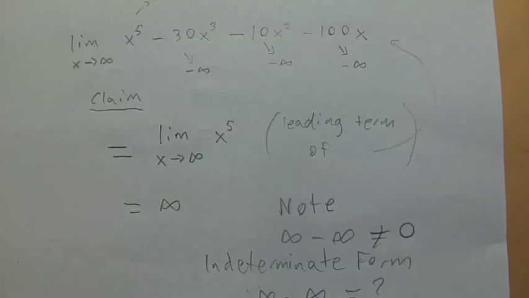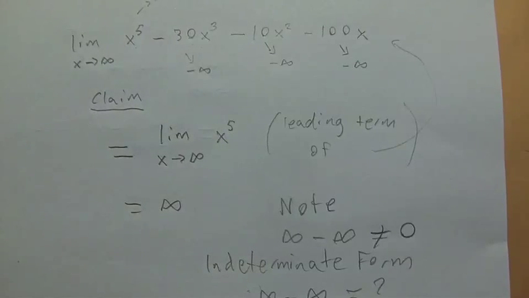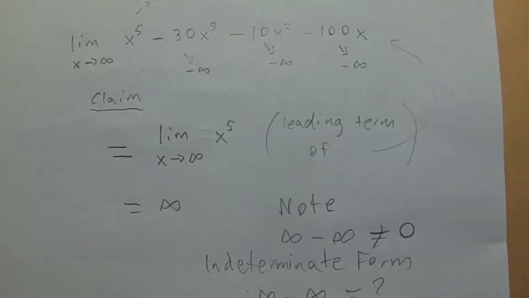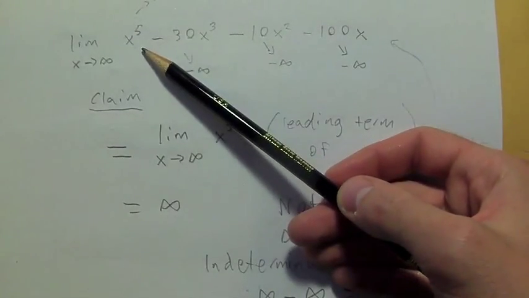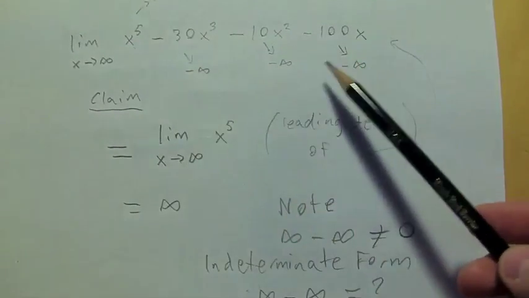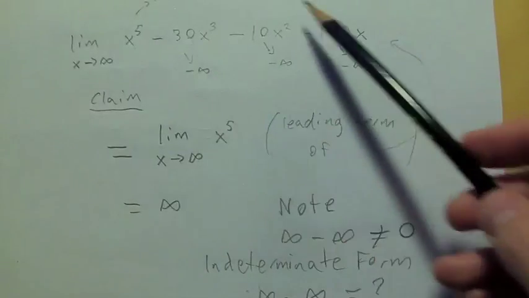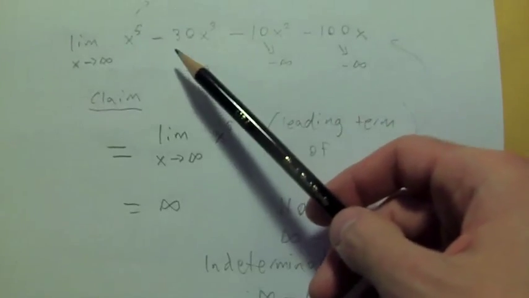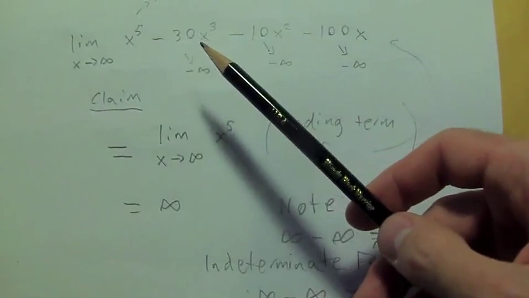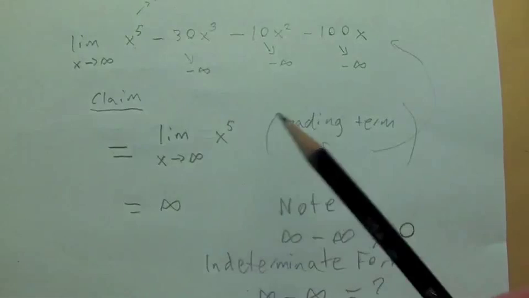But we're talking about x going all the way to the right, like x equals 10 million, 10 billion. And eventually 10 billion to the fifth is going to completely dwarf everything else we see here. It's going to completely destroy negative 30x cubed, right?